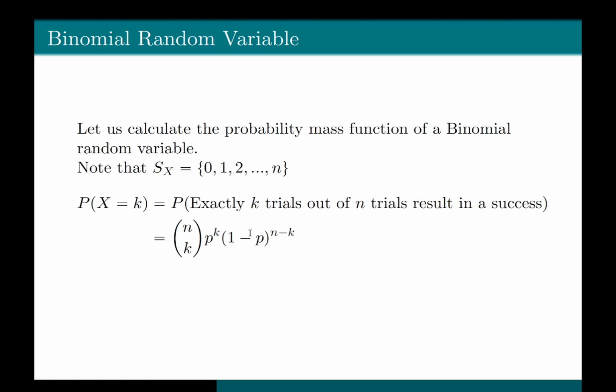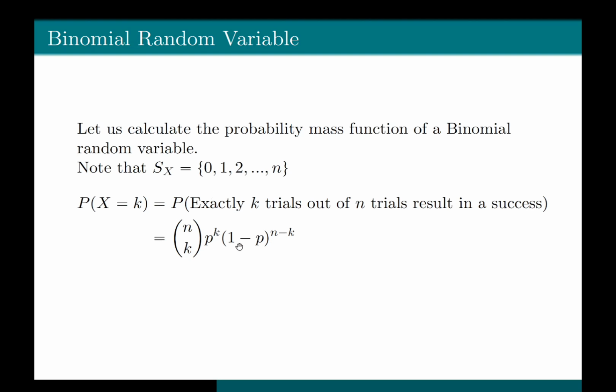So here nCk represents the number of ways to choose k successes from n trials. p to the power k represents the probability of k successes, and 1 minus p denotes the probability of n minus k failures.